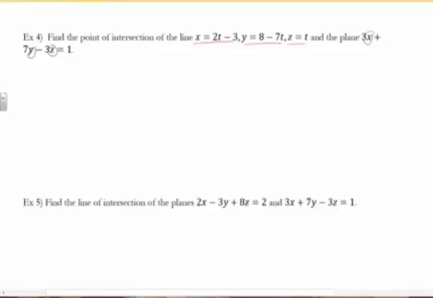I have an x, a y, and a z in the plane equation, and I have an x, a y, and a z in the line equation, and those three things are in terms of t. So I have 3 times the x expression plus 7 times the y expression, 8 minus 7t, there we go, minus 3 times the z expression equals 1, not 0, 1.